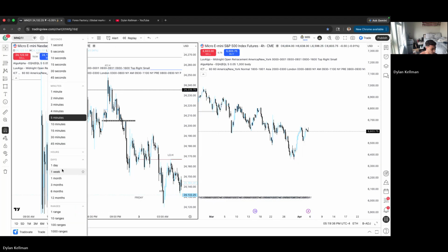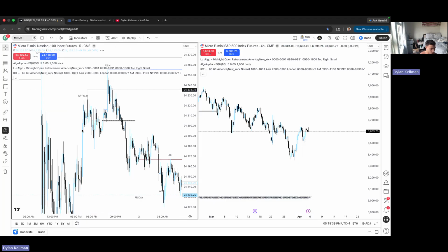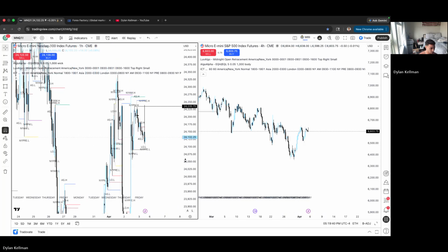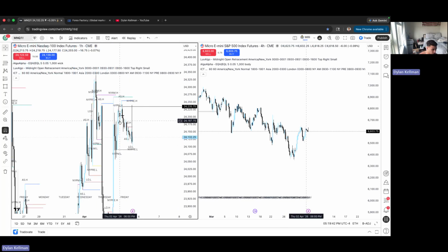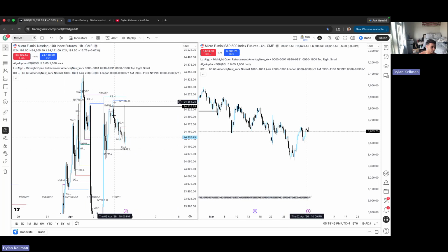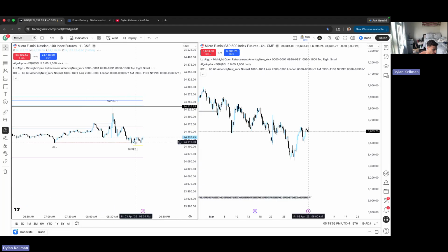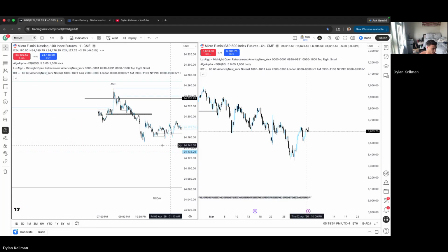Because we're clearly pumping out of this hour over here, and I was like, all right, this high's gonna get taken. Probably not this one, but this one's definitely gonna get taken, especially if we want to come back down, retrace, and go higher, right?